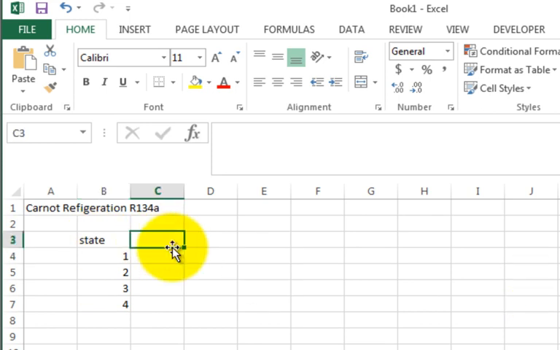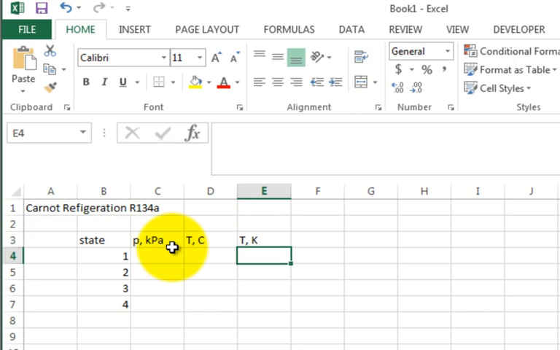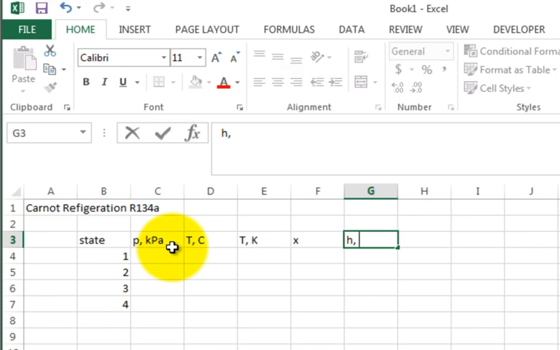And we're going to talk about the pressure in kilopascal. The standard format for a table of properties. Temperature in degrees C. And sometimes I like to add a temperature in Kelvin, and let's just add it there. I know it's trivial, but then we're going to talk about the quality and the enthalpy in kilojoules per kilogram and the entropy in kilojoules per kilogram Kelvin.